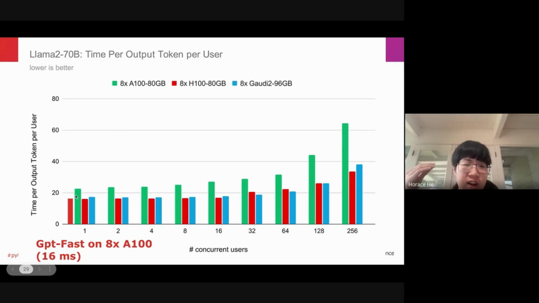So GPT-Fast on A100s is actually able to match the performance of TensorRT on H100s, which I think is a pretty impressive performance improvement. TensorRT is a common solution that people use for distributed inference, but we're able to match it, or sorry, substantially outperform it from a latency perspective.